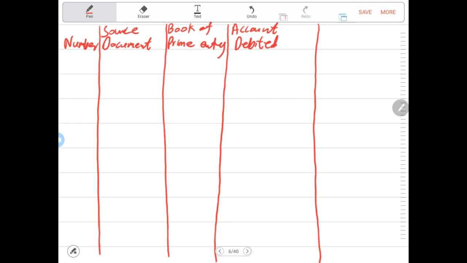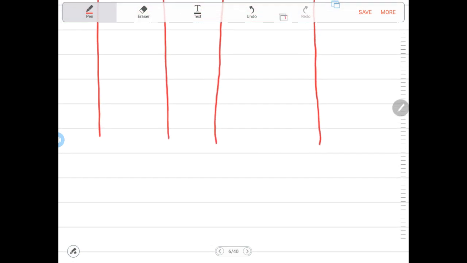This partly incorporates your ledger accounts, or the principle of debit and the principle of credit, which is also in the ledger accounts and also in the general journal. But now we are doing it from the perspective of the books of prime entry, incorporating the concept of debit and the concept of credit.